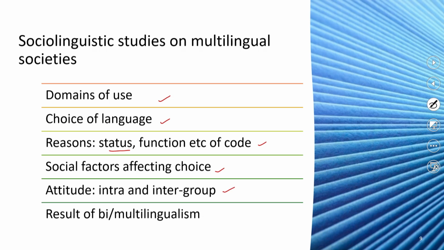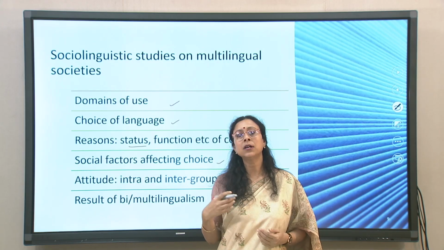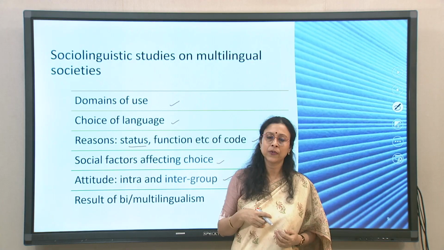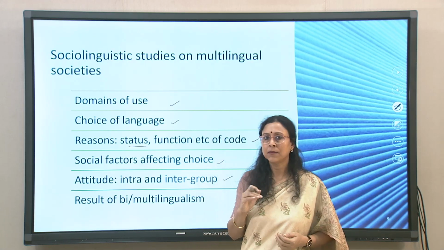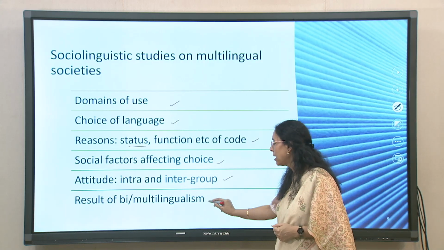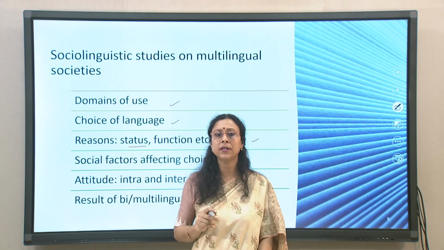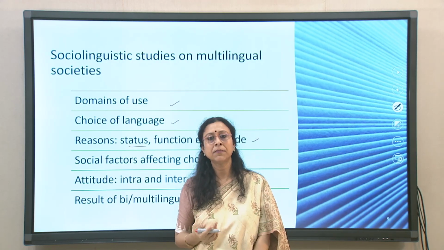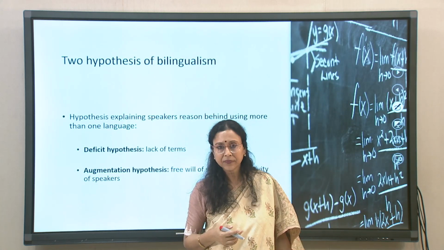Within the group, how do you look at your own language vis-a-vis the other language? Similarly, how does the outside group look at your group? All of these are very important, subtle, below-the-radar social variables that affect the domain of use and the result of multilingualism, bilingualism. So, these are various parameters. Of course, they are not as simple as they seem here. Each of them has multiple layers, but broadly these are the topics that we typically study.